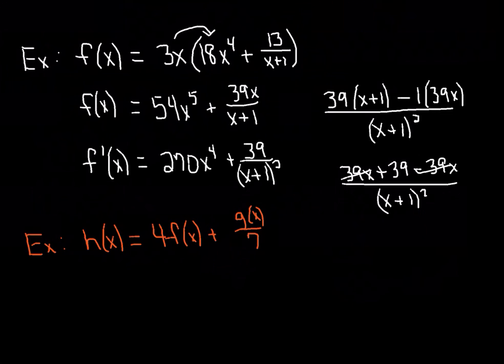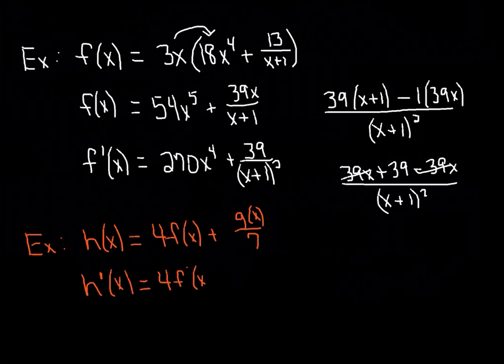In a problem like this where f of x and g of x are both differentiable, and I'm trying to find the derivative of h of x, I'm simply just going to say, well, this is the constant rule, so it's 4 times the derivative of f of x. And then the quotient rule. So the derivative of g of x, the numerator, times the denominator, minus the derivative of the denominator, which is 0, times g of x.